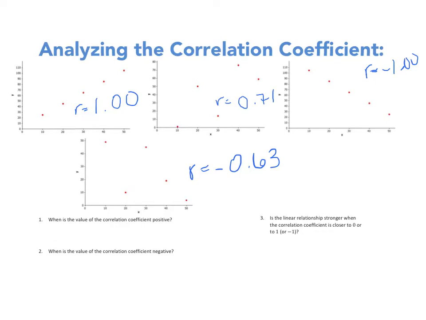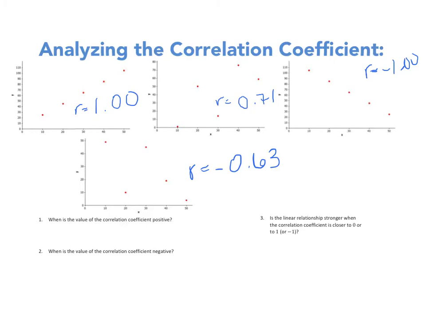If you notice, let's look at our first scatter plot. The correlation coefficient is +1, can't go any higher than that, and the dots make a perfectly straight linear relationship. So that shows a very strong relationship between the data points. It's very constant. It's very reliable.